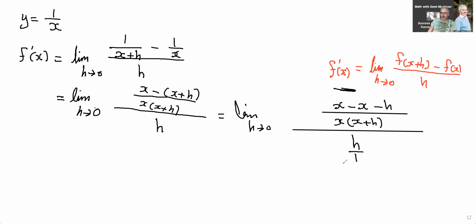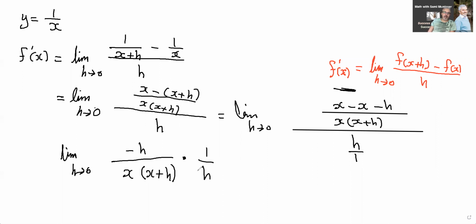This is h over 1, so what I'm going to do, this is a division sign right here, so it means the top fraction divided by the lower fraction, so I'm going to change it to multiplication, and we get limit as h goes to 0. So the x's will cancel, we'll get negative h all over x times x plus h times, I'm going to flip this to 1 over h.